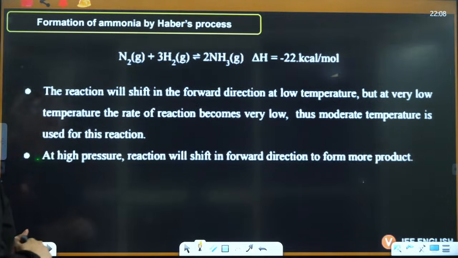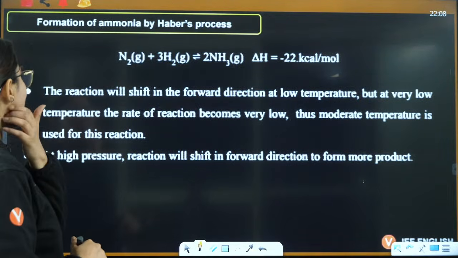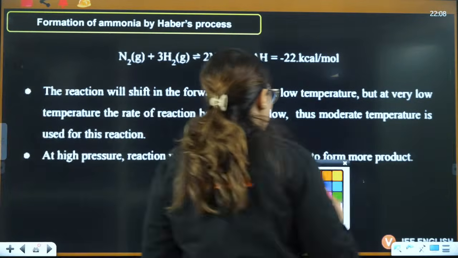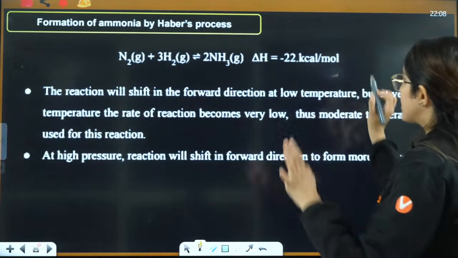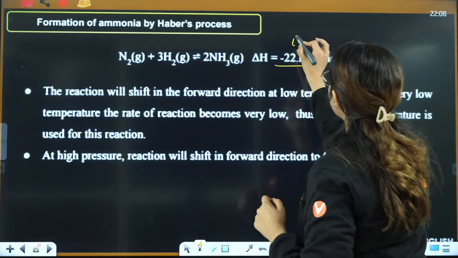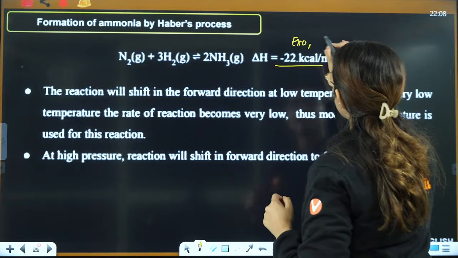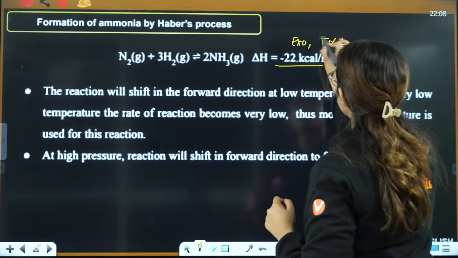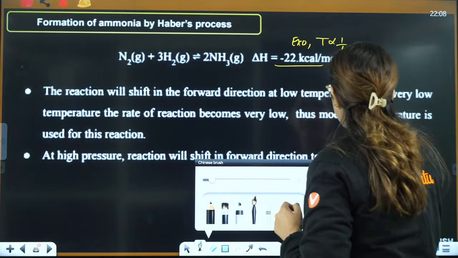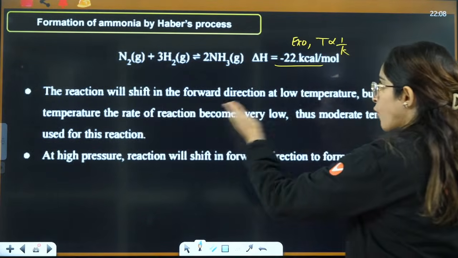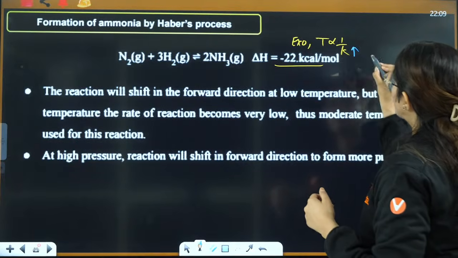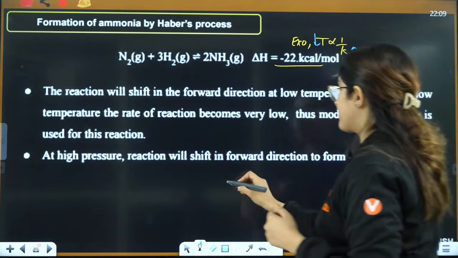Then these reactions, we have seen in the case of Haber's process, right? This is an exothermic reaction, that is why temperature is inversely proportional to K. So if you want more product in the forward direction, you need low temperature.